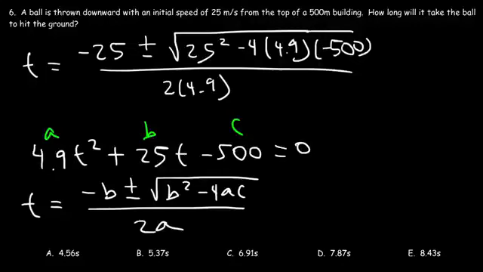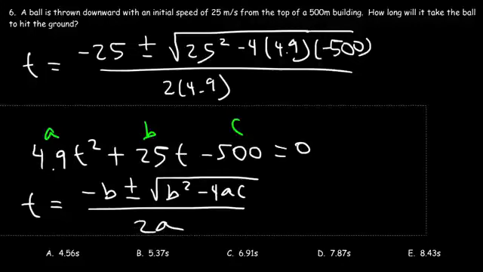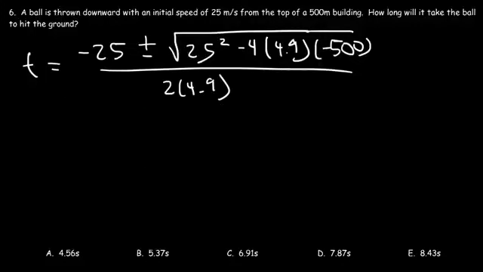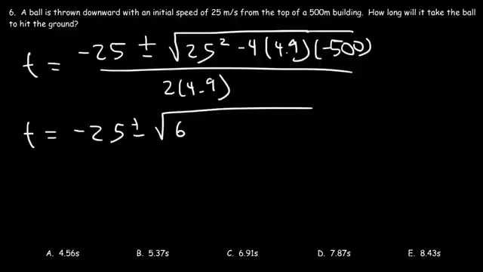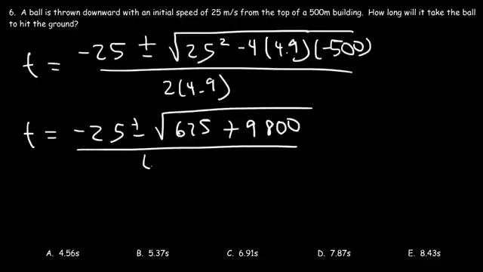Now I'm going to do this step by step so you won't make any mistakes. 25 squared is 625. Negative 4 times 4.9 times negative 500, that's positive 9,800. And 2 times 4.9 is 9.8.